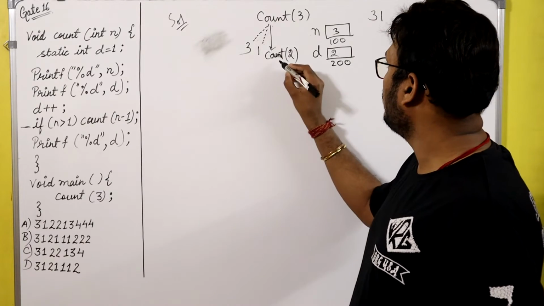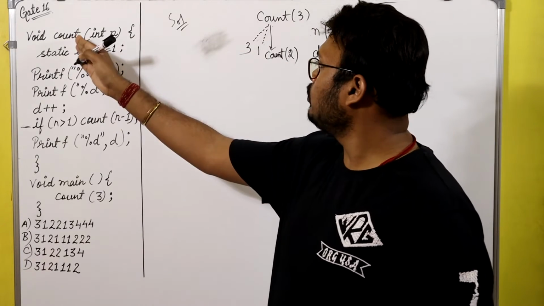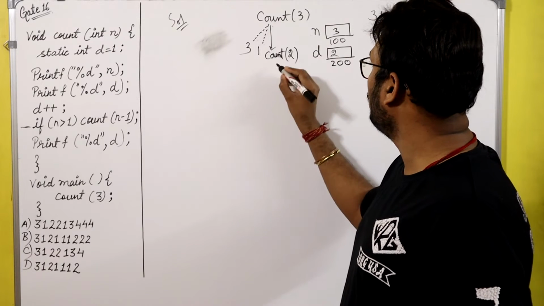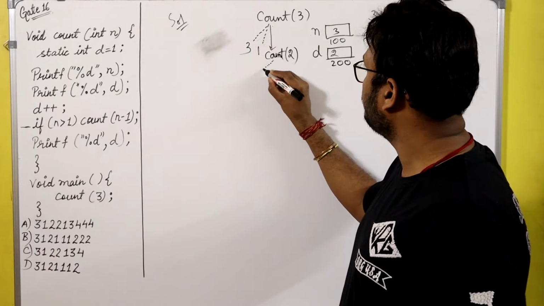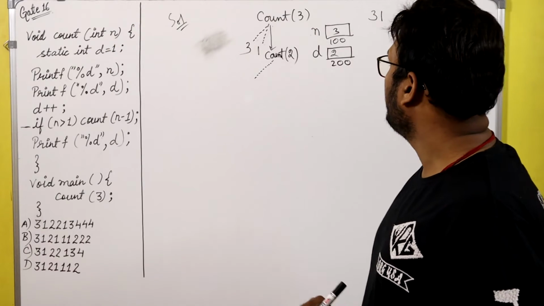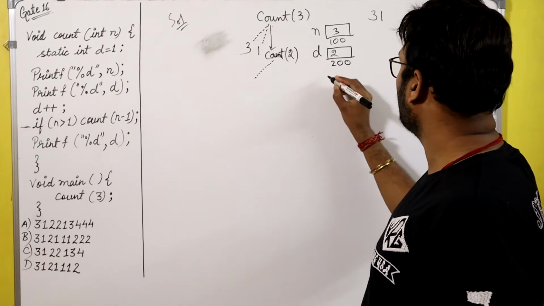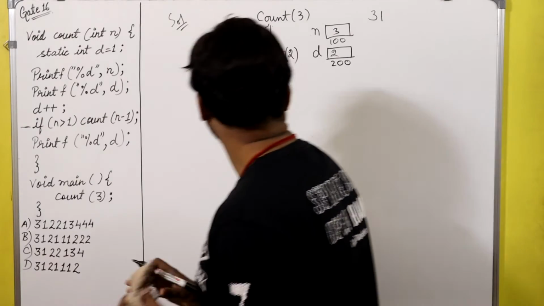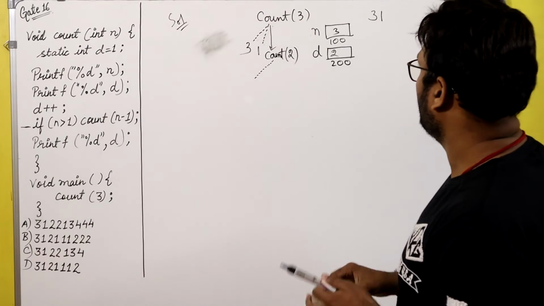Again, let's come to the count function. Now for this count of 2, what will happen? A local variable n is there. Let me write here.